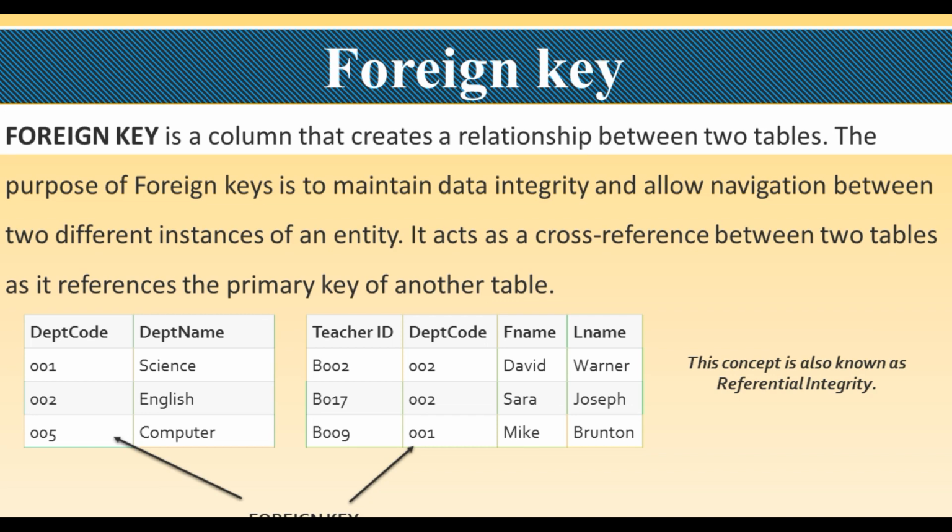So we can consider this the foreign key. One table will contain the primary key and the other will contain the foreign key. By that we can relate them in a relationship. This is termed as relational integrity.